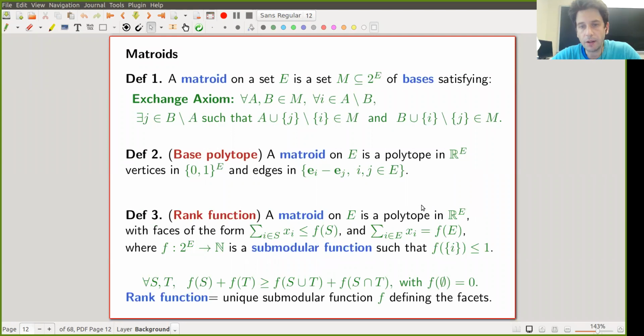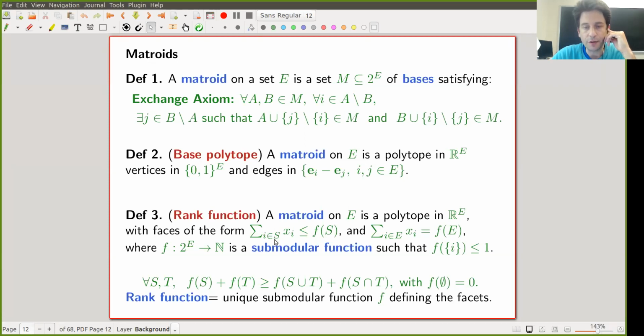So another characterization of these polytopes is as follows: we have a polytope in R^E such that all the facets are given by inequalities of this type.